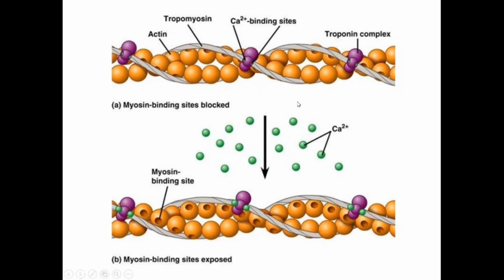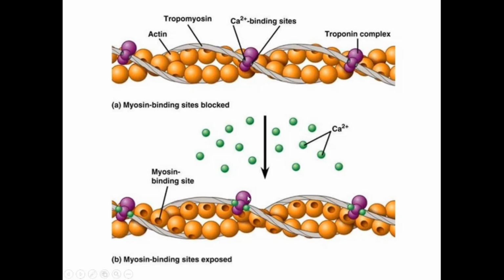This sliding is started by an ion called calcium. When we have calcium ions within the cytoplasm, the calcium ions attach to the troponin complex, troponin C, TnC, and attaching the calcium causes some conformational change in the structure of the troponin.